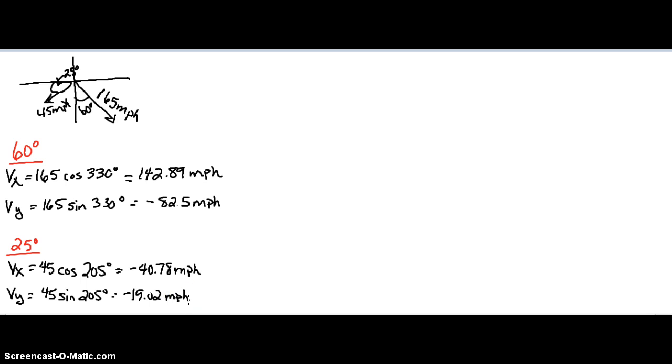Now we want to actually add the horizontal components together, and likewise we're going to do the same thing for the vertical. So if we take our horizontal components, which is this value and this value, and add those together, we get a grand total of 102.11 miles per hour. So our horizontal is going to be 102.11.